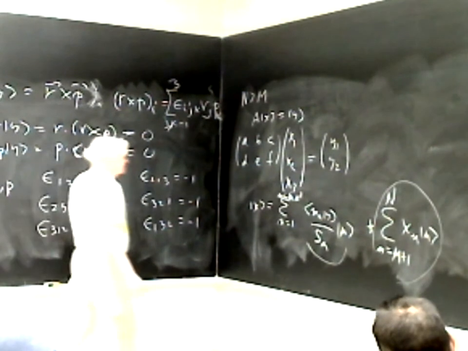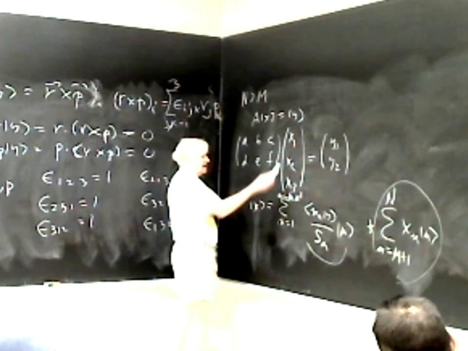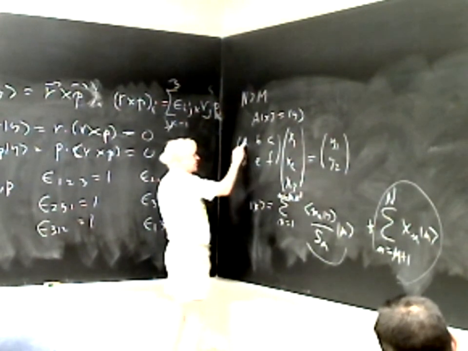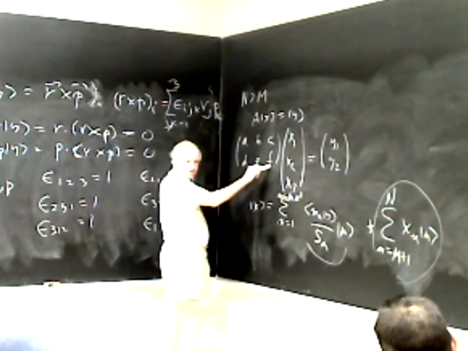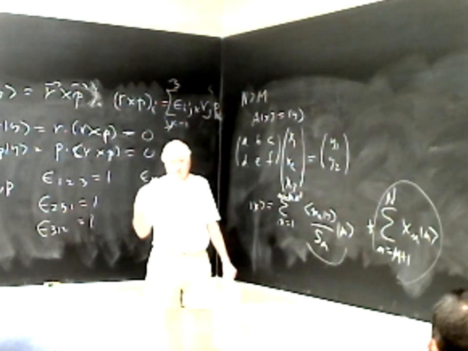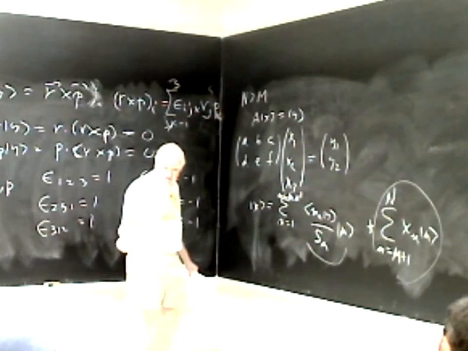Because you see here we can always find vectors. In this particular case, for example, this is a 3-vector. We can always find 3-vectors that are orthogonal to any two 3-vectors. In fact, if you take the cross product of ABC with DEF, that would give us a 3-vector that was orthogonal to both ABC and DEF.